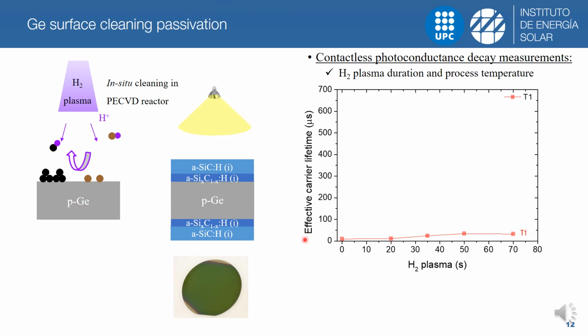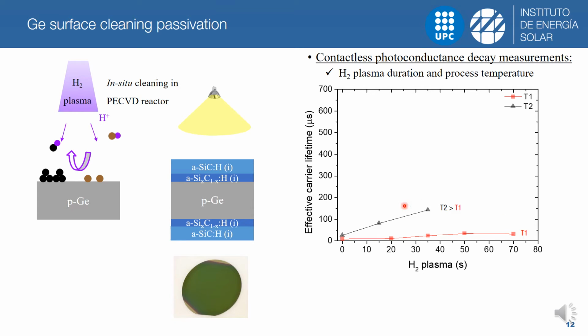As you see here in this graph, where the effective carrier lifetime is represented as a function of the plasma cleaning time, you can see that for the lowest temperature deposition, T1, an improvement in the effective lifetime can be achieved by increasing the plasma cleaning duration. But anyway, we are achieving effective carrier lifetimes always lower than 50 microseconds.